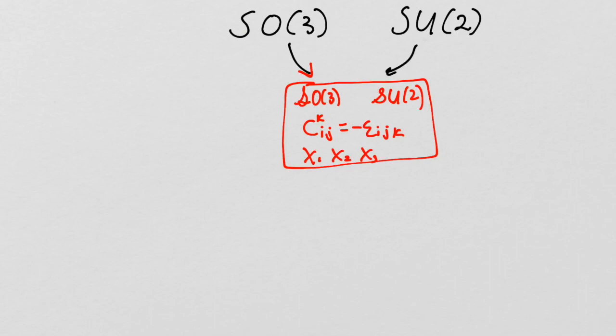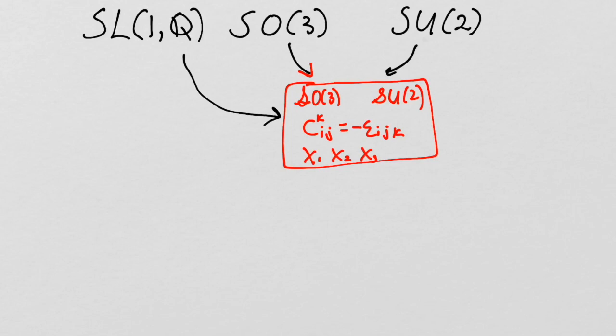But Gilmore says, when you really look at the math of this, there's actually another guy out there, the special linear group acting on one-dimensional geometric spaces of the quaternions. And that guy is also related to SO3 and SU2 by the fact that it too shares the same Lie algebra. And so that's what we're going to demonstrate today.